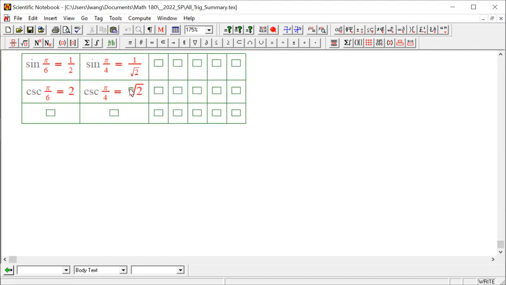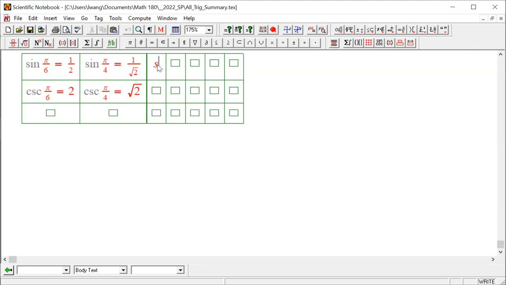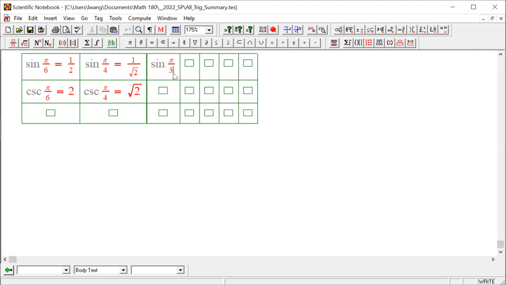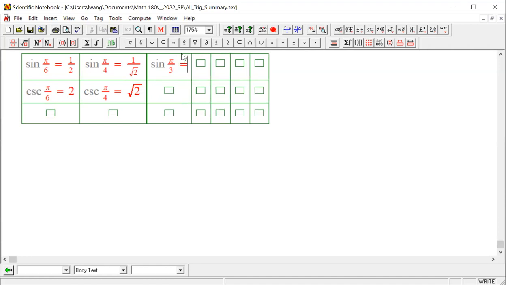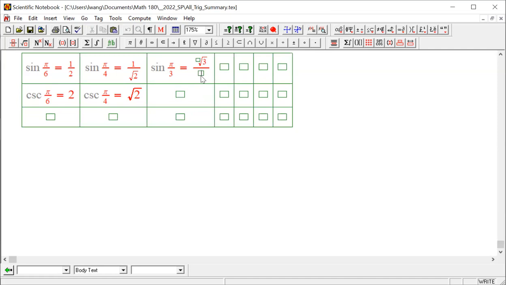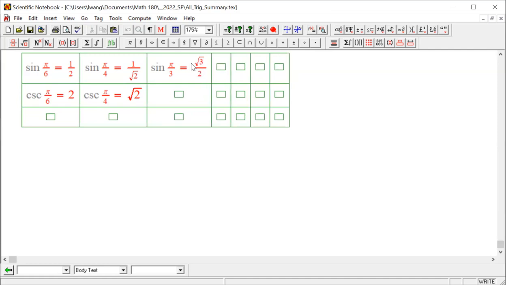You keep going. Sine of pi over 3 is root 3 over 2, then cosecant of pi over 3 is going to be 2 over root 3. You see the reciprocal of it.